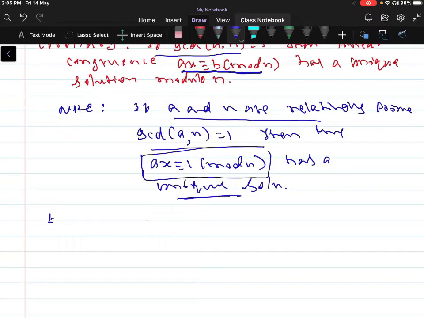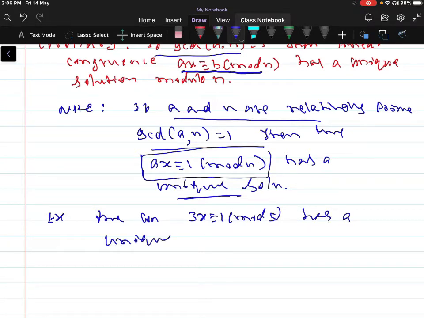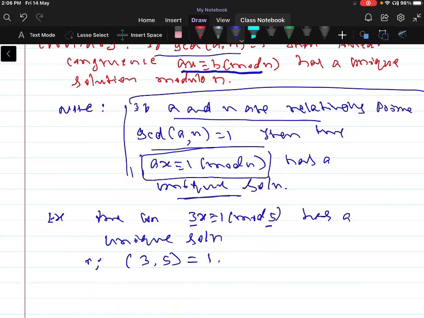For example, the linear congruence 3x is congruent to 1 modulo 5 has a unique solution. You know why? Since GCD of 3 comma 5 is 1, by using this property we can observe that it has only one solution.